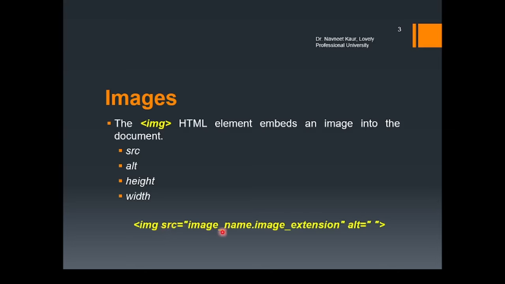The value of this, as already explained, is the name of the image, but you also need to mention the extension or the format of the image. So all you have to do is, wherever your image is saved, check the name of the image, put a dot symbol, and write down the extension or format of the image.